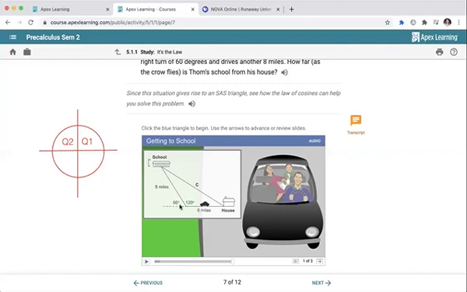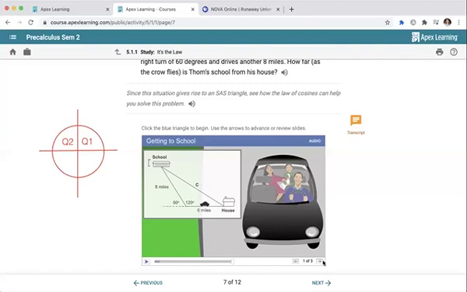Since he was going straight and his car turned 60 degrees, that angle would be 60 degrees. Therefore, the angle on the inside of the triangle would be 180 minus 60, which is how we get that 120. This is the picture we're dealing with here.